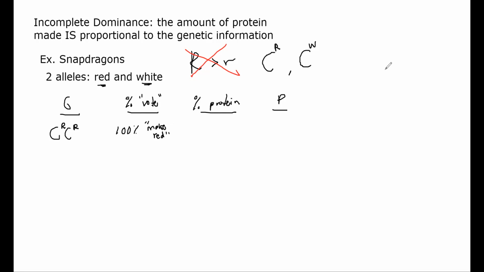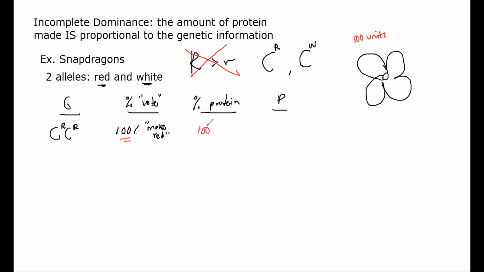And let's say the flower is kind of the same way as what we saw before. You have the flower petals, they're made to be white, and then in order to make it completely red, it takes 100 units of red pigment to fill all that. What's going to happen here is, remember, the amount of protein made is proportional to the genetic information. And so if the genetic information is saying 100% says make red, then how many units of protein are going to be made?